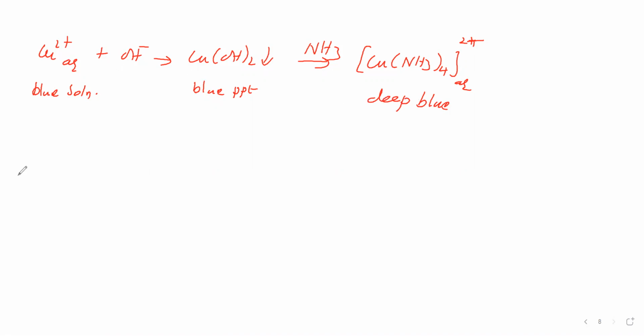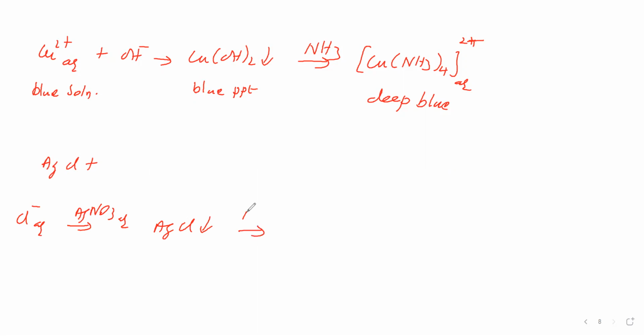Next, we know that silver chloride is a white precipitate. In salt analysis, chloride analysis we will do. In chloride analysis, a chloride salt with silver nitrate solution gives AgCl white precipitate.